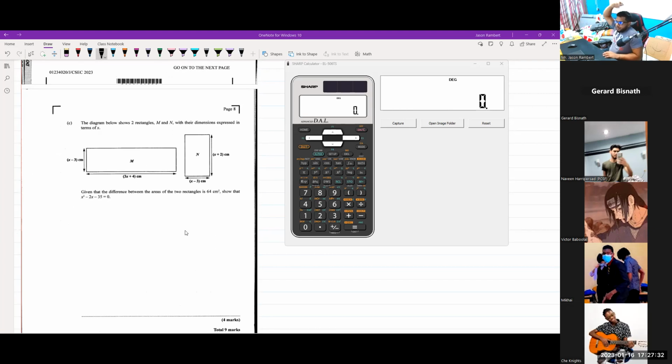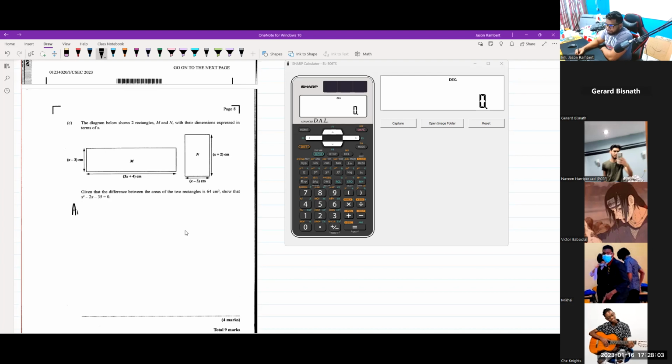The diagram below shows two rectangles, M and N, with their dimensions expressed in terms of x. Given that the difference between the areas of the two is 64, show that x squared minus 2x minus 35 is equal to 0. All right, so let me just get the areas.